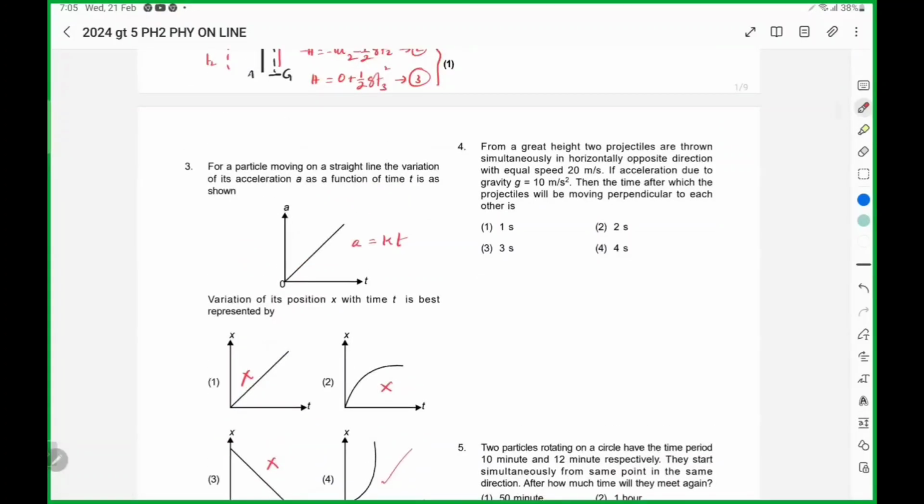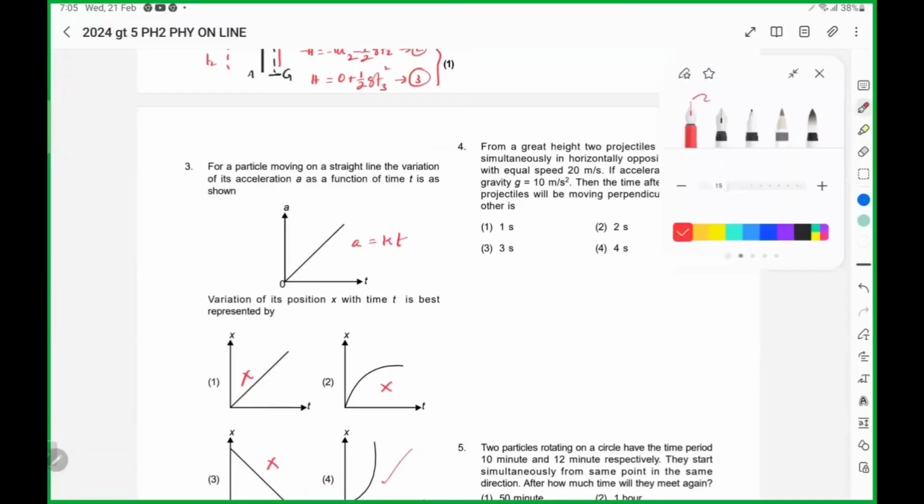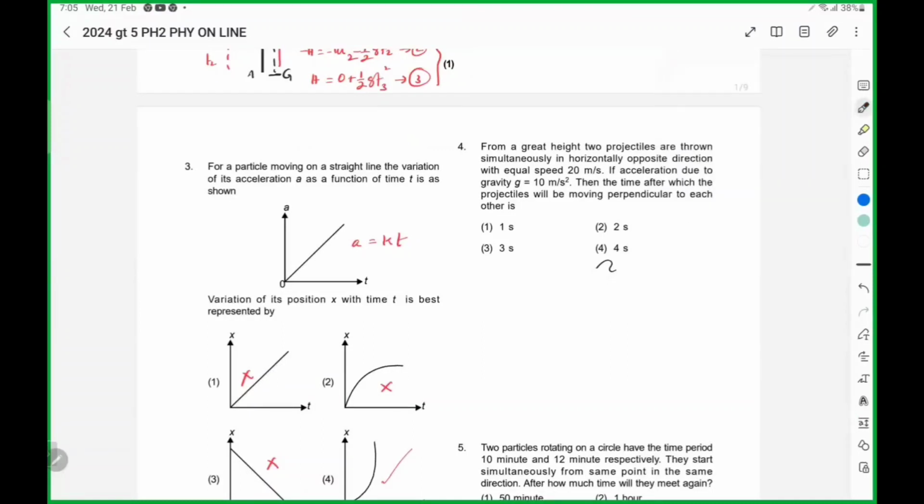Here, from a great height, two projectiles are thrown simultaneously in horizontally opposite directions. So one is thrown like this horizontally with a velocity u.